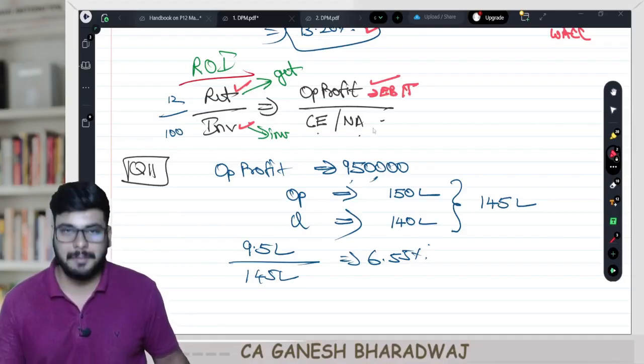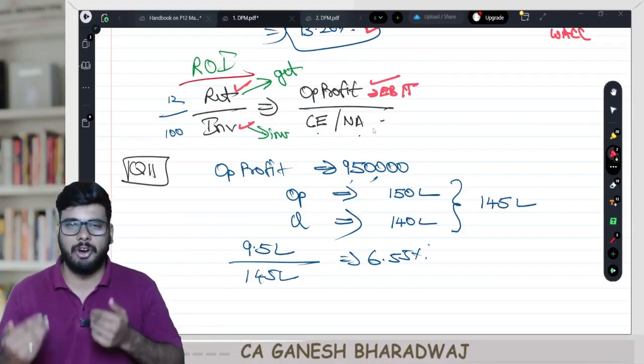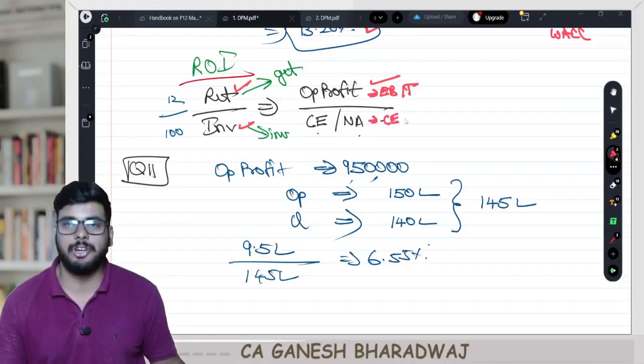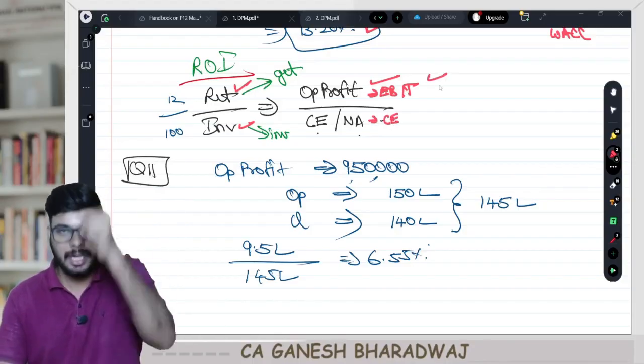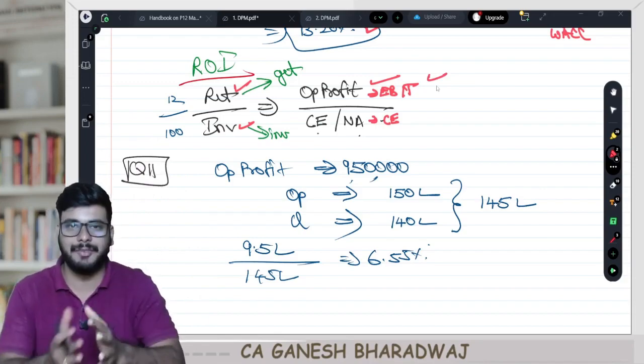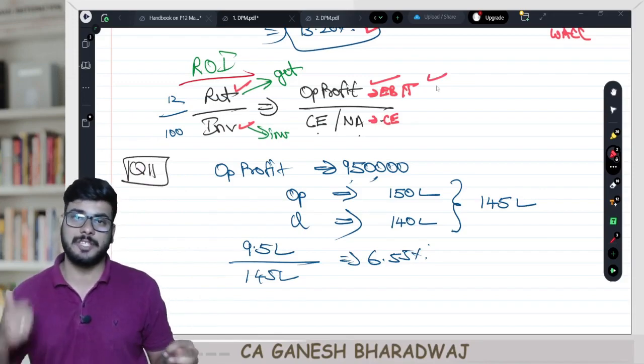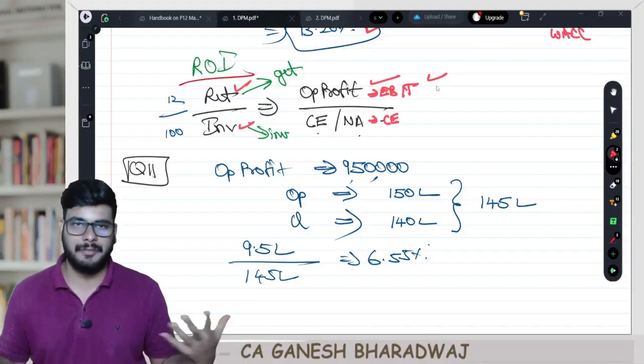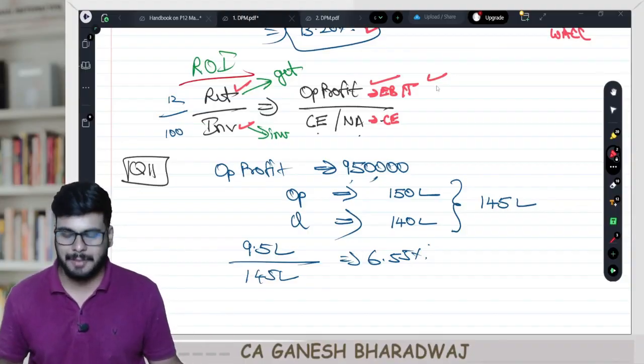EBIT divided by my capital employed, or in other words, the net assets. What I earn upon what I invest. This is called return on investment. Return on investment is another metric which we use to compare whether a particular division is performing better or not.